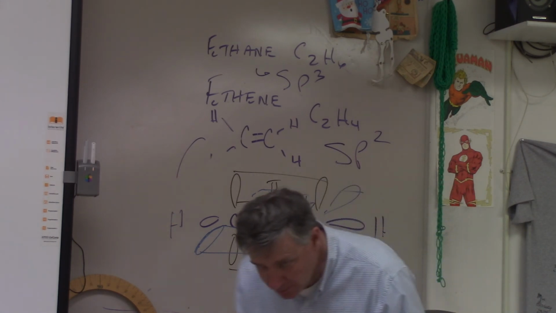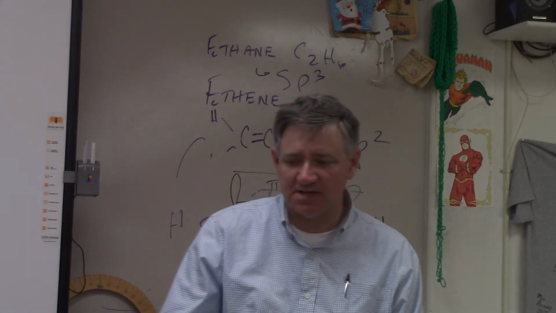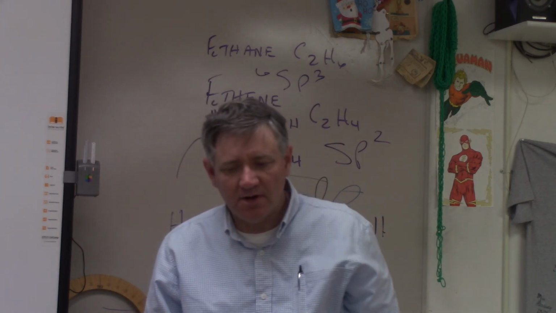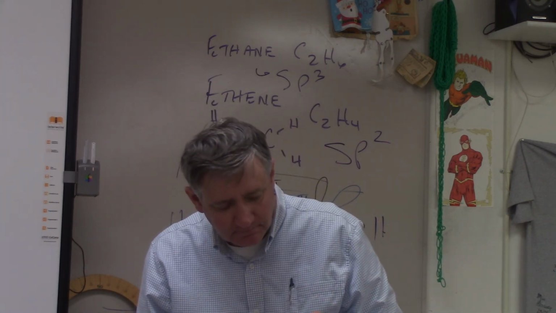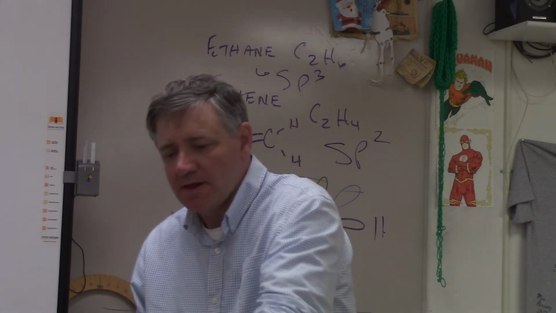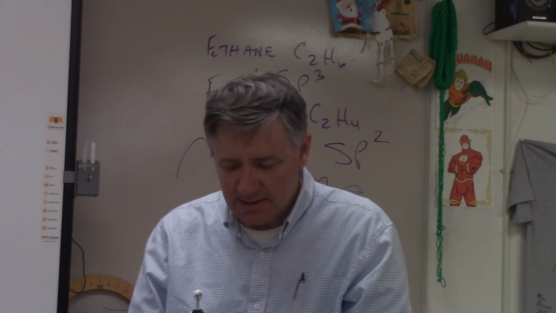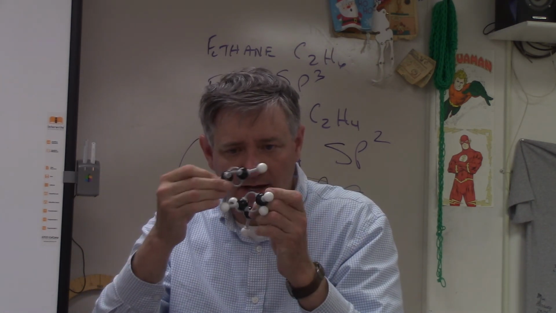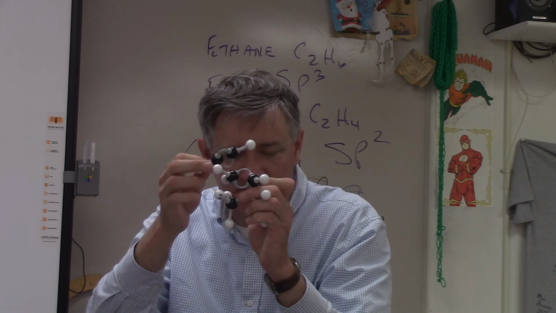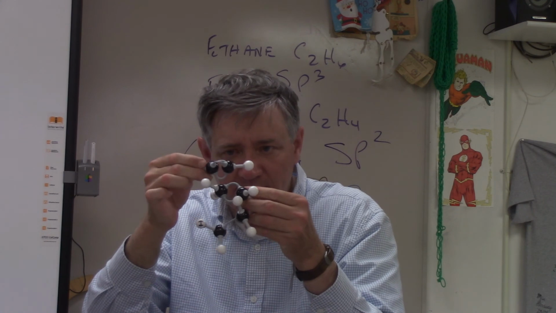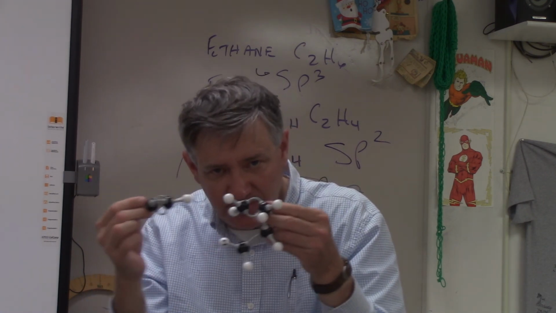Now here's something important that also happens. These models do a nice job of showing this. If you look at ethane, which kind of looks like a dog, and then ethene, and then ethyne, hopefully you can see this. Notice that the carbon atoms actually become closer together.